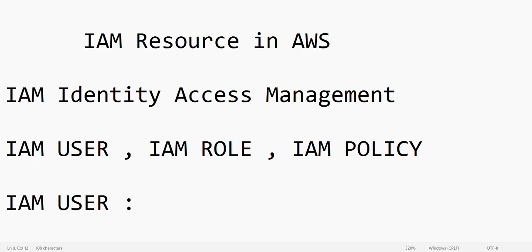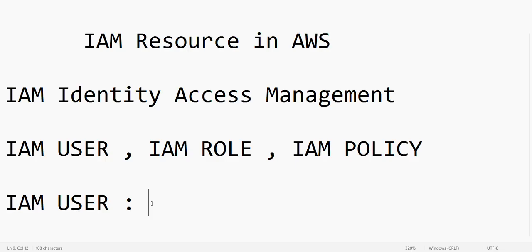If we want to give access to only specific resources, we use this IAM user concept. For example, one user needs to access only an S3 bucket. He doesn't require access to EC2. So we create one IAM user and give those credentials to that user, so he can use only the S3 bucket, not EC2.